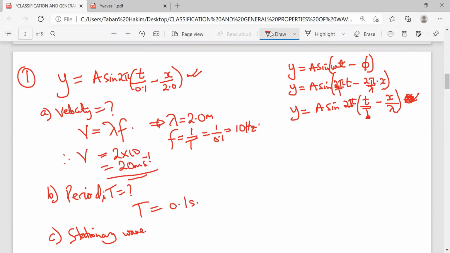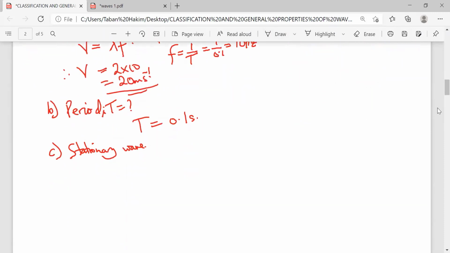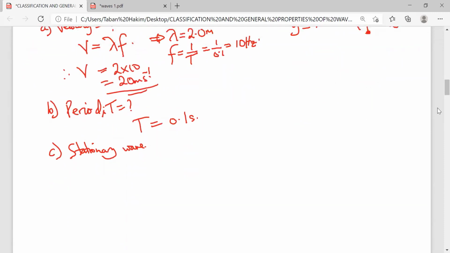Okay, so in other words, you're combining the properties of when a stationary wave is formed. You remember, when two waves of the same frequency collide but are moving in opposite directions. Number one, the two waves must be moving in opposite directions and they meet and interfere.